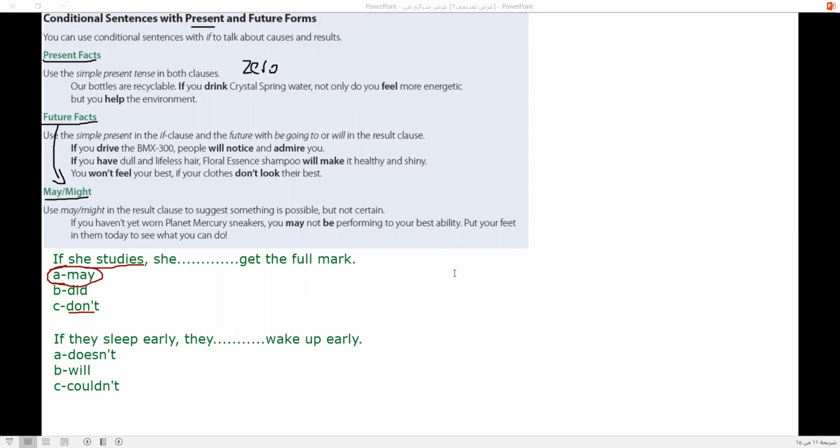Yes, Sumaya, very good. And Raneem, yes, very good. So the correct answer would be, if they sleep early, they will wake up early. I cannot use does, it cannot come with they. Could is in the past, I cannot use it because here it's in the present. So it's only will. Simple? Take a screenshot, please, if you want. If I'm going to bring this grammar, it's going to be like this. You have just to pay attention to the choices that you have.